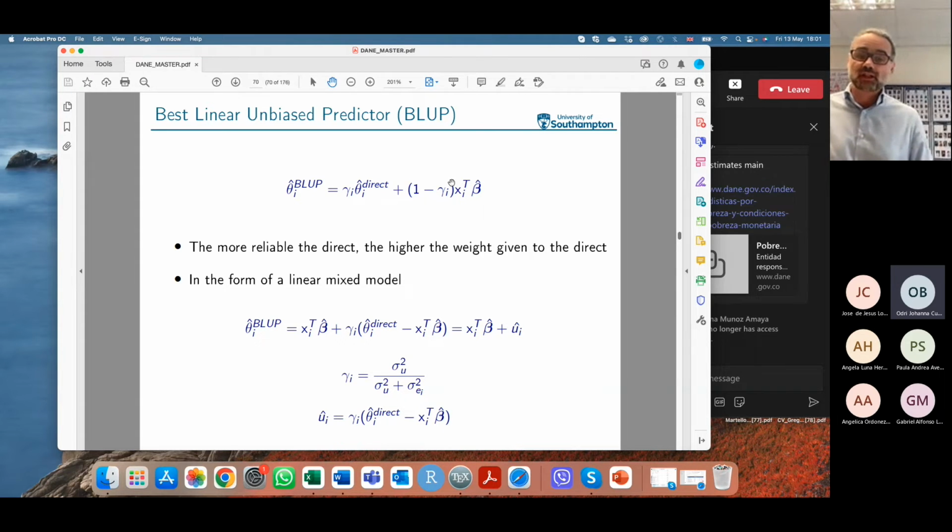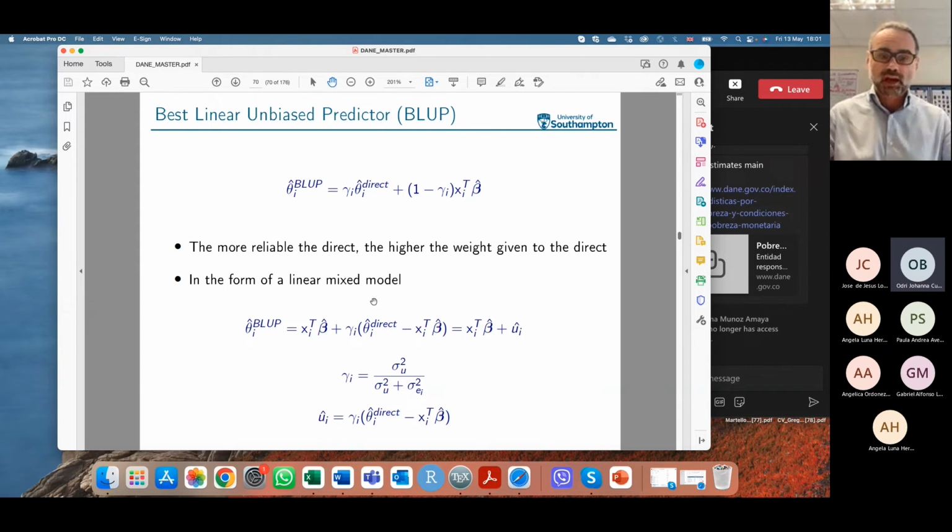If you want to write that in the form of a linear mixed model, this predictor can be written in that form. If you do a bit of algebra, you will see that theta i BLUP can be written as x_i beta hat plus gamma i times the difference between the direct estimate and the x_i beta hat under the model.